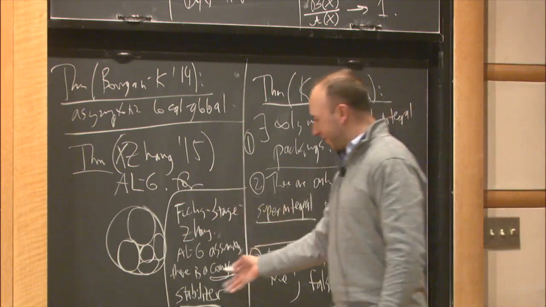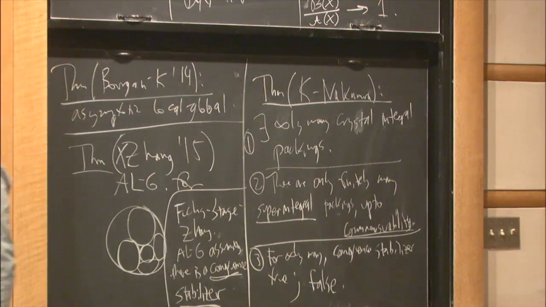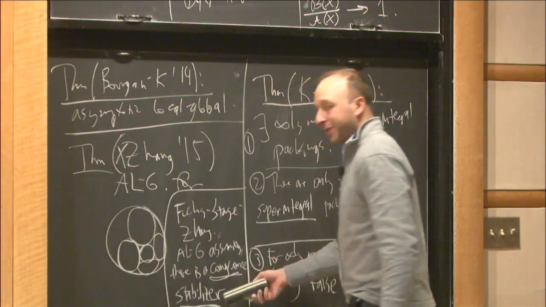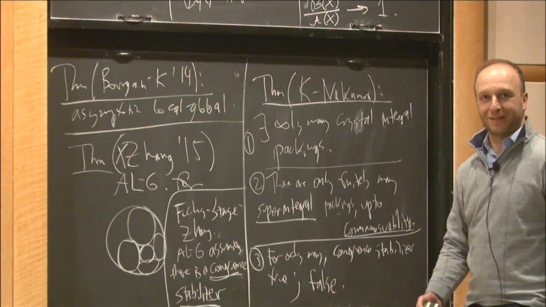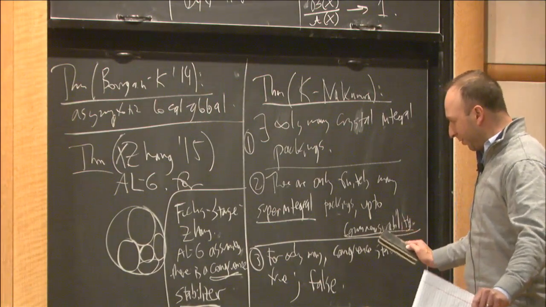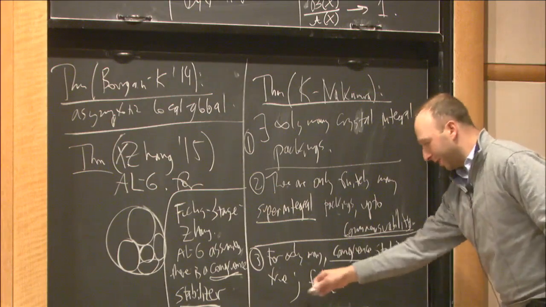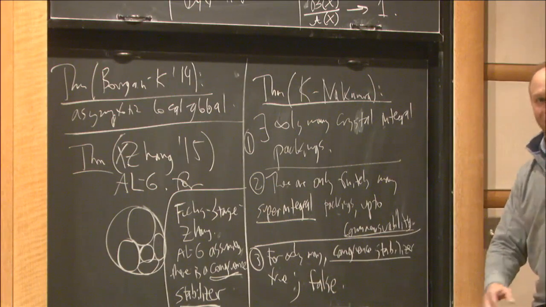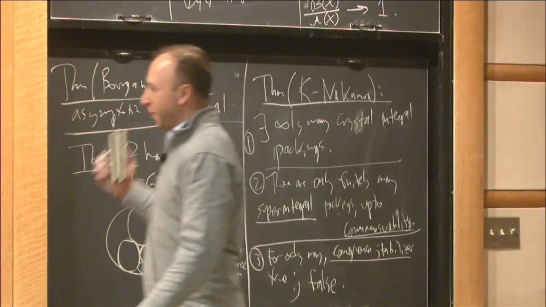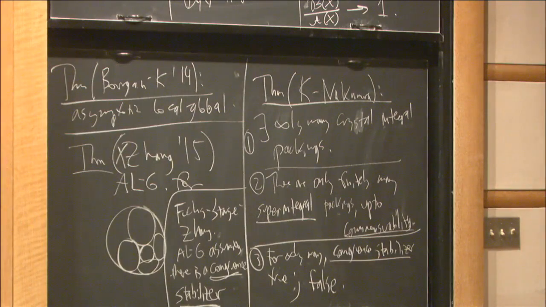It's been generalized as far as it can be, and it handles lots of cases, and it doesn't handle lots of cases. What are you saying is false? So I haven't explained what the congruence stabilizer condition is, so I'm going to do that right now. No, not the local-global. For infinitely many such, the congruence stabilizer condition fails. So let me explain what the congruence stabilizer condition is. Oh, let me say one more thing before I go into that.